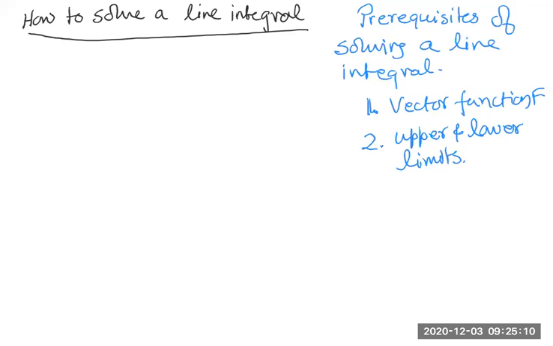There is another requirement. There is something else you must know for solving this line integral.